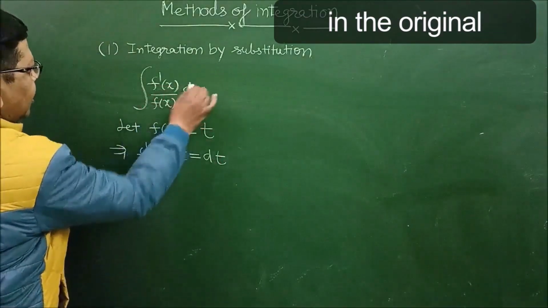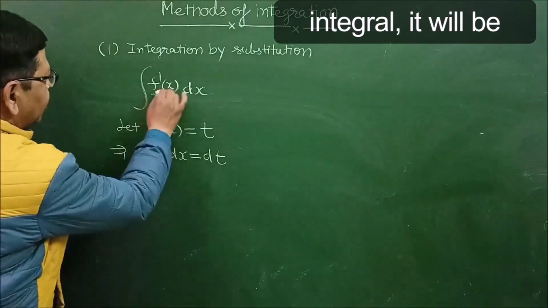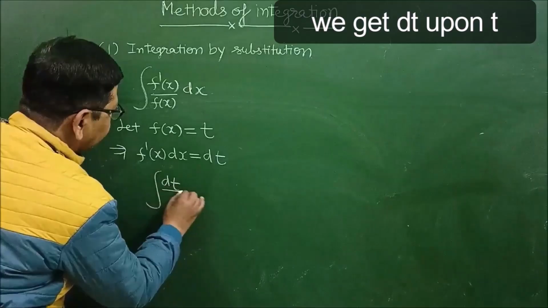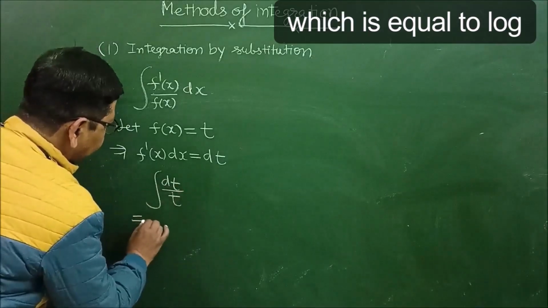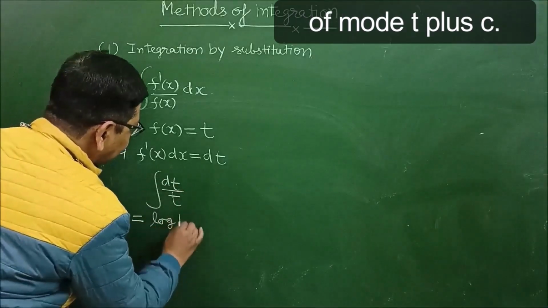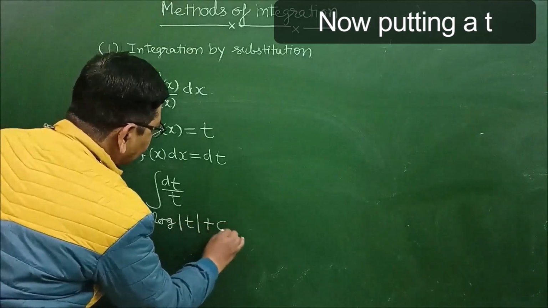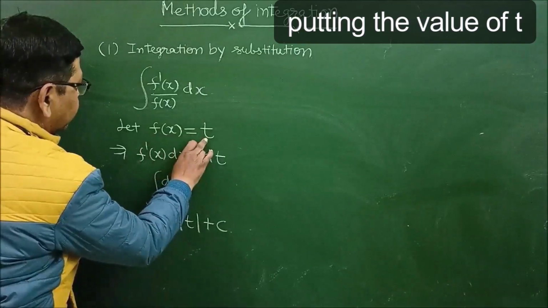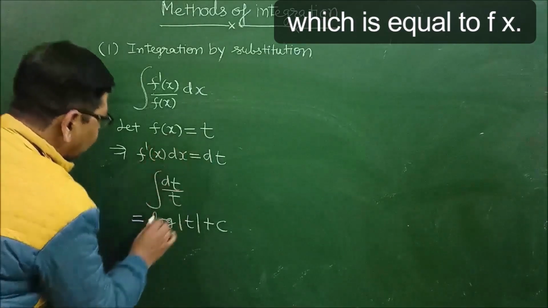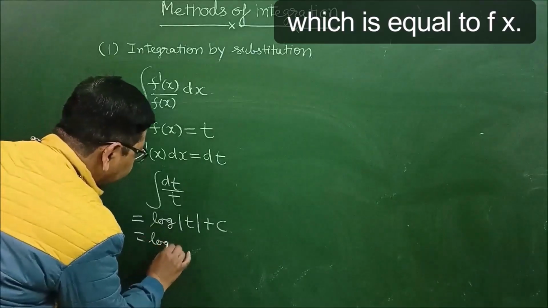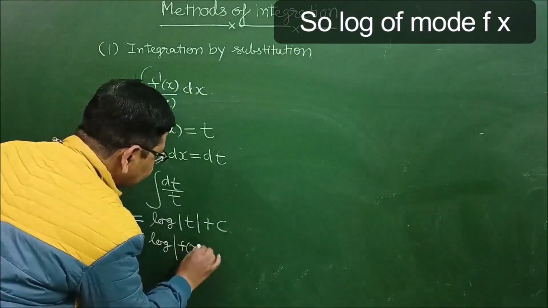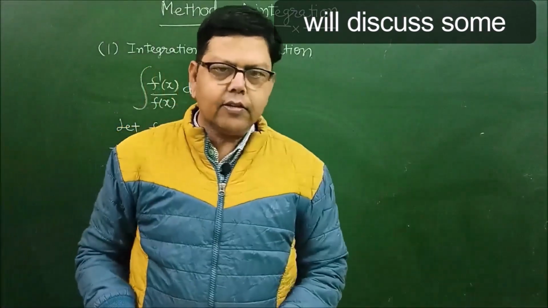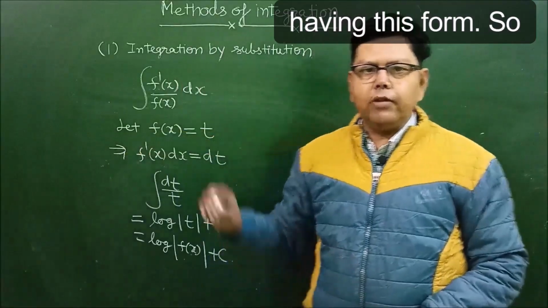F dash x dx will be replaced in the original integral by dt. So we get dt upon t, which is equal to log of mod t plus c. Now putting the value of t which is equal to fx, so log of mod fx plus c. So today I will discuss some standard functions having this form.